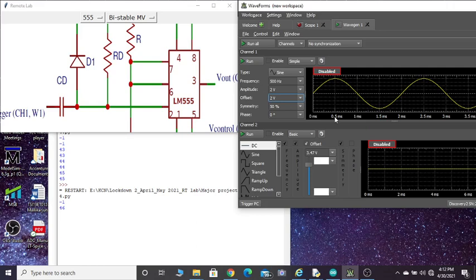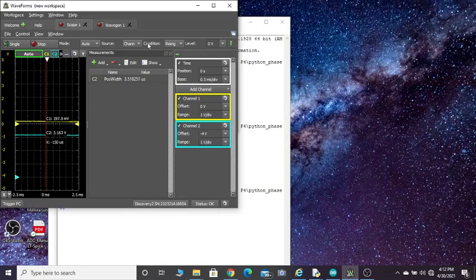So I'll be getting a transfer characteristic, meaning whenever the control voltage crosses, let me make it somewhere around 2.17 volts, the output will have a transition. Since I didn't conduct the experiment, let me put it here.